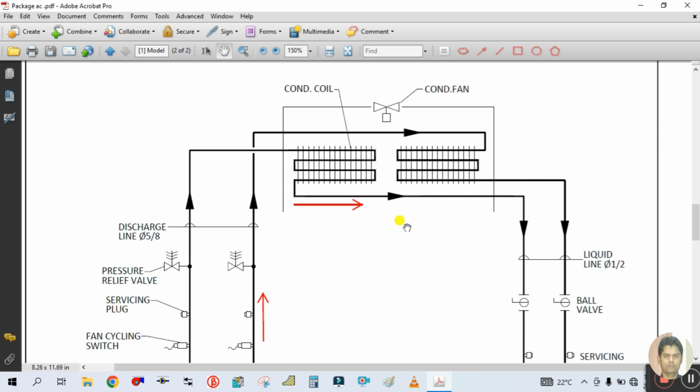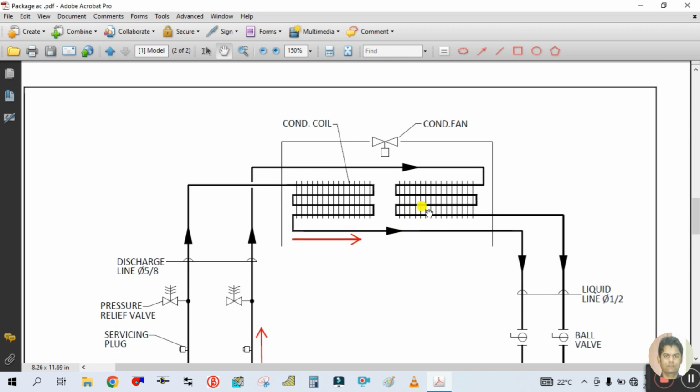It will change its phase inside this condenser coil. Once this high pressure and high temperature refrigerant enters the condenser coil, this fan starts running. Due to the fan running, it takes air from outside; it sucks the air from this side and passes it through this condenser coil.